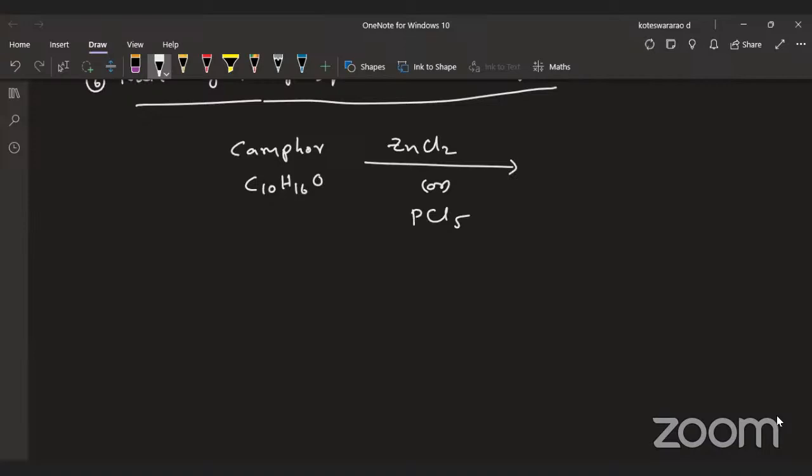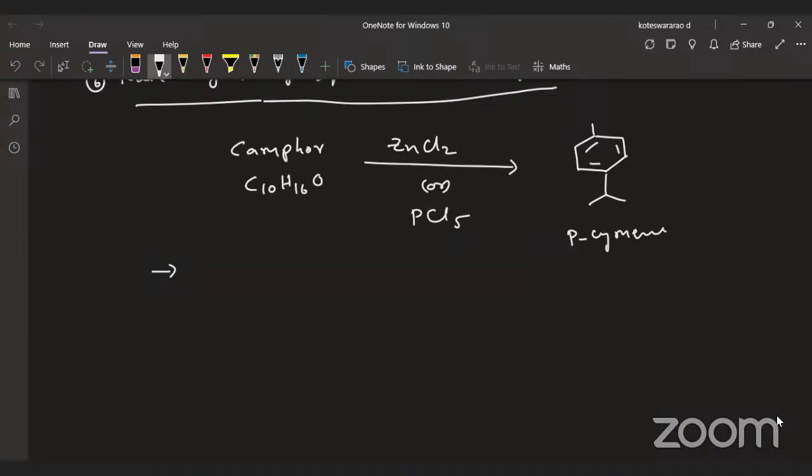Then it leads to the formation of a known structure, already generated in the alpha terpene isolation and structure determination, that is paracymene. From that, we can write that formation of paracymene indicates that camphor is having one 6-membered ring.